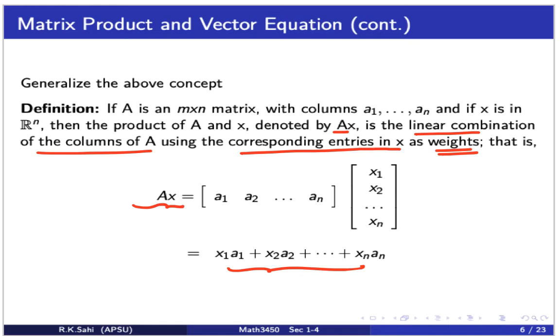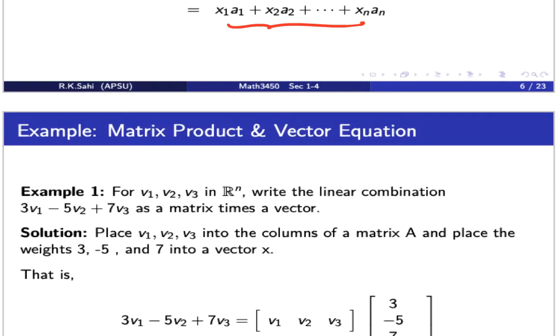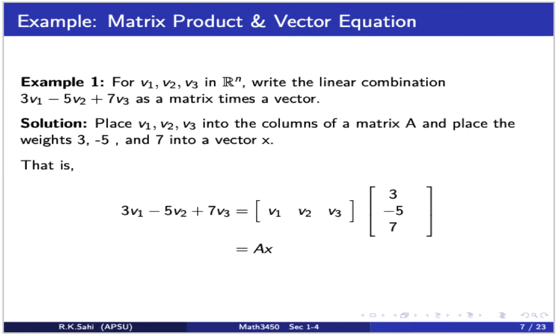Let's look at an example. How do we do it? So you have 3 vectors in Rn. We don't care where the vectors are, but they are all from the same n-dimensional space. We have a linear combination 3v1 minus 5v2 plus 7v3. So this is a linear combination of the vectors in Rn. We would like to write this as a matrix times a vector.